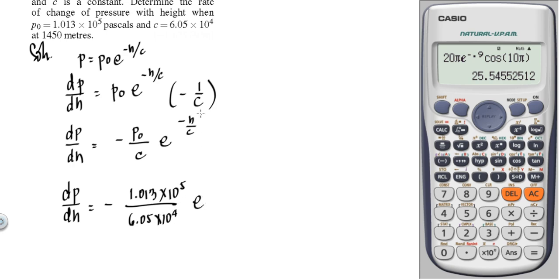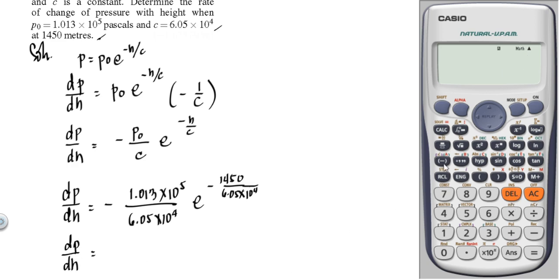So we have e raised to minus H, minus 1450 over C, which is 6.05 times 10 raised to 4.